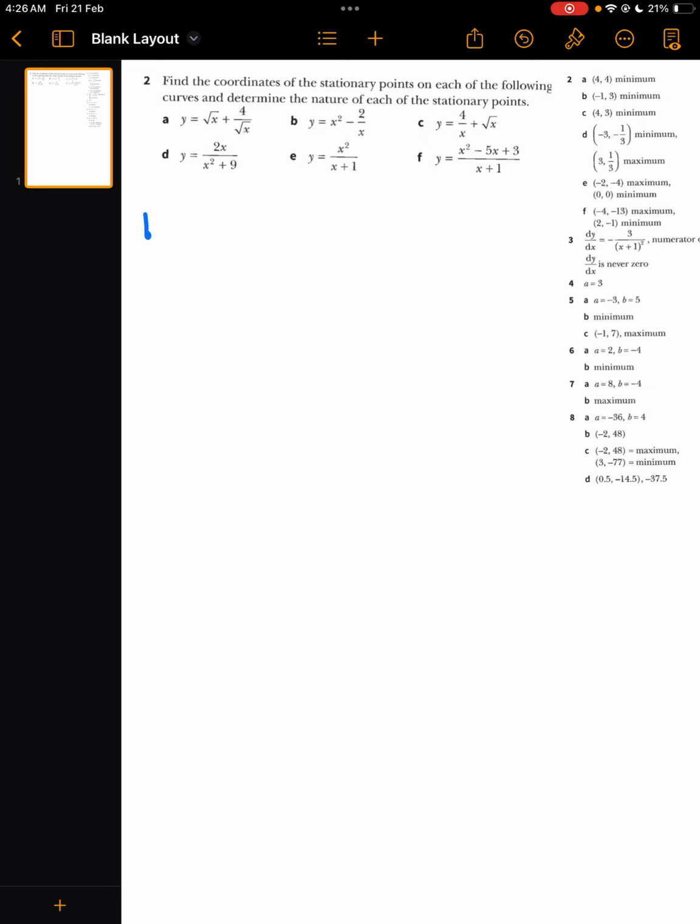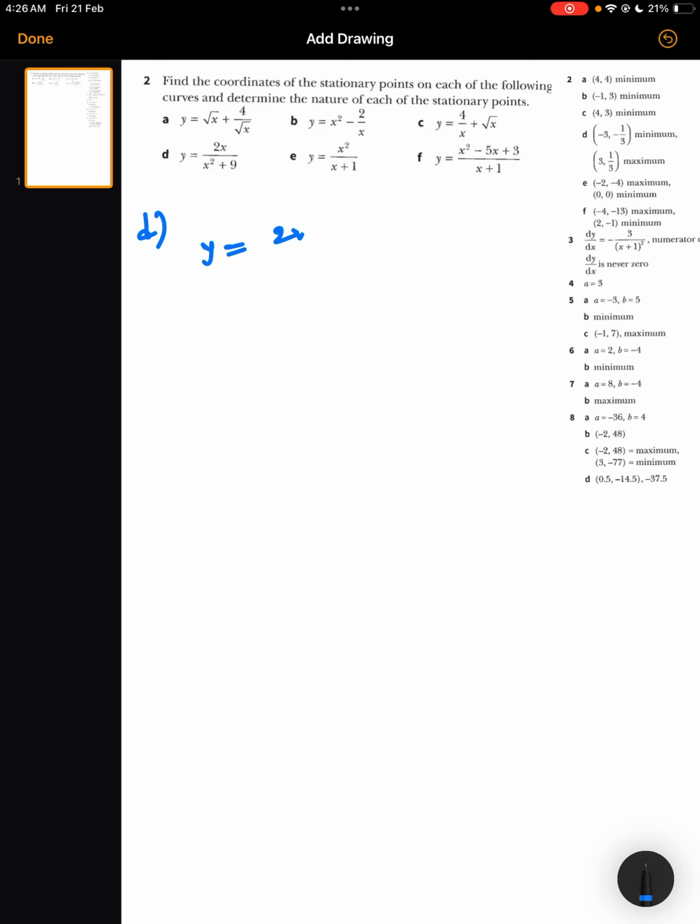Question number D, we have to use the quotient rule here. y is 2x over x square plus 9.